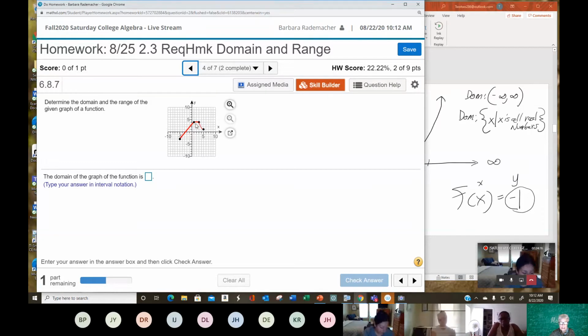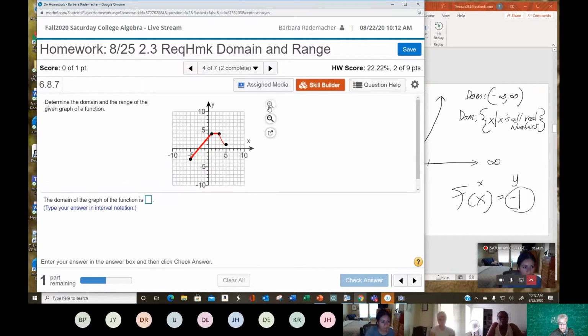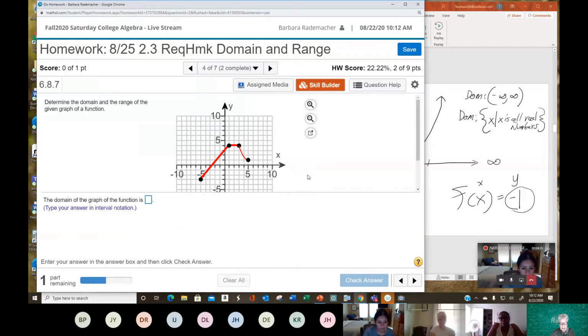It's got all of these points, and it's trying to draw your attention to them. But what you're being asked is, hey, all I want to know is the domain. That's all I want to know. Let me make this bigger and bigger and bigger. These are all really nice points. I don't care though. All I want is the domain.